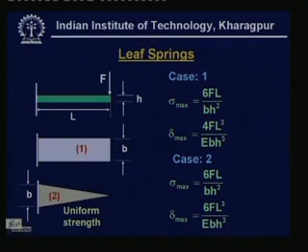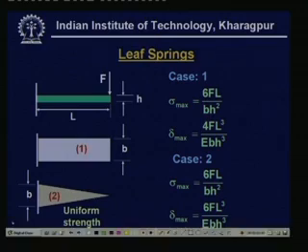So, from our fundamental ideas, the basic courses, we know that in this case the bending stress is what you know, sigma equals M y by I. So, if we put these values, then we get a stress value of this one. Please note that if I extend it, it is somewhat three-dimensional.